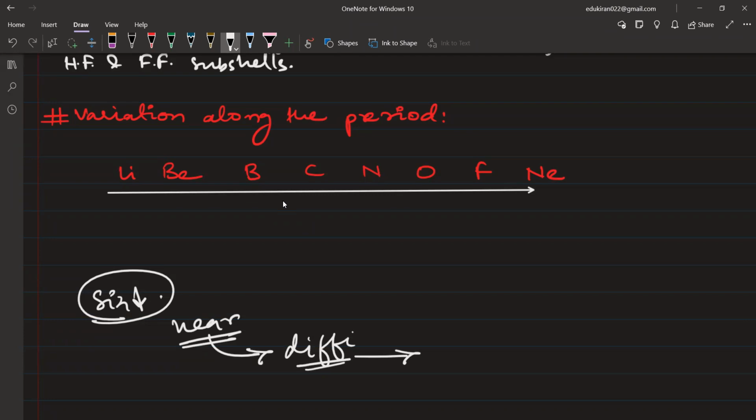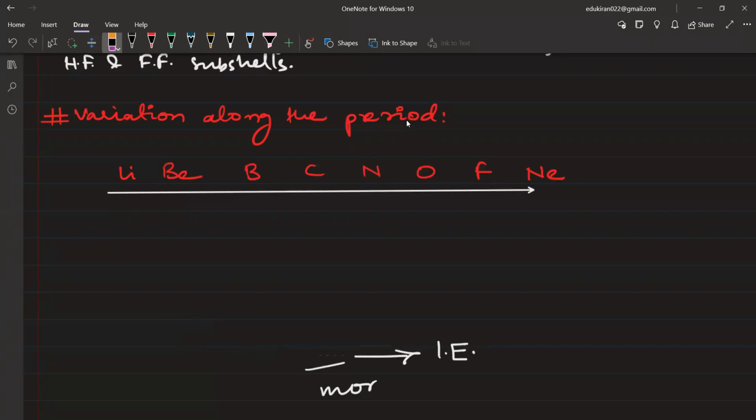If it is difficult to remove an electron, then we need to put more energy or less energy? More energy. That means ionization enthalpy will increase. Okay, fine. So this is the general trend. Very good, guys, all of you answered correctly. Thank you so much, we got a lot of relief. I hope you also got relief.